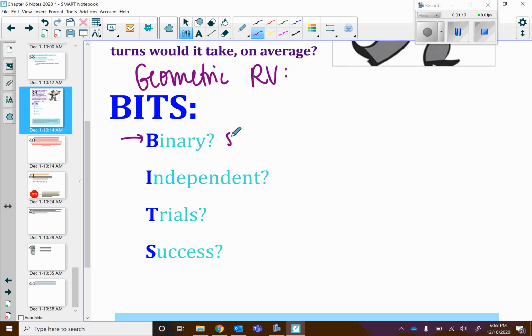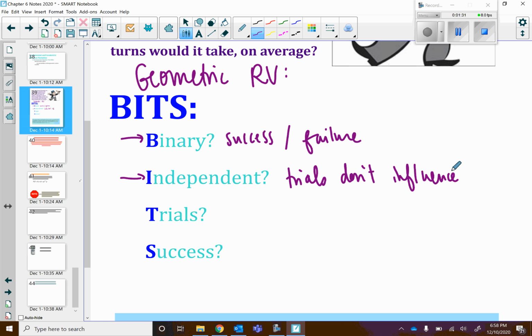It's binary, which means it can either have a success or a failure. The trials are independent. Trials don't influence one another. And notice the probability of a success is the same for every trial.